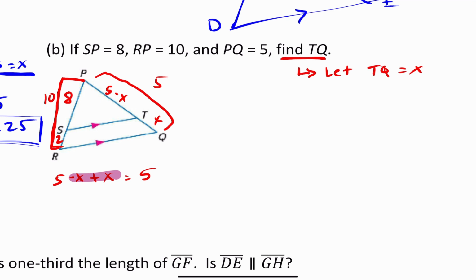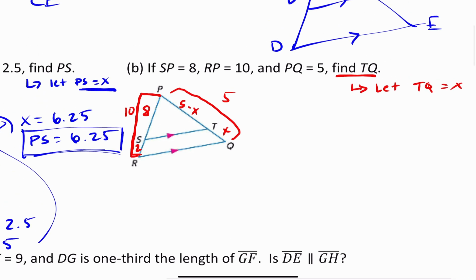Because negative x plus x, they cancel each other out. So what am I left with? The 5, just for the left-hand side, is equal to, what's the right-hand side? It's just 5, right? So 5 is equal to 5. The left-hand side is equal to the right-hand side. So good, you can safely say that 5 minus x does work for this part, okay? So that's how you figure out that type of scenario here.